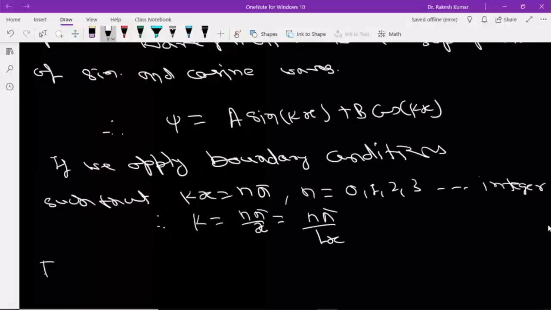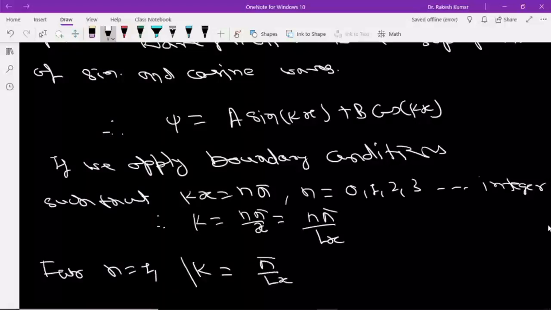And for n equal to 1 we know that k equal to pi by Lx.